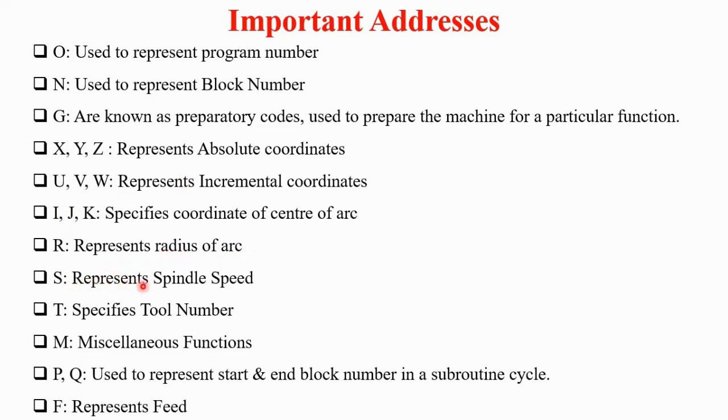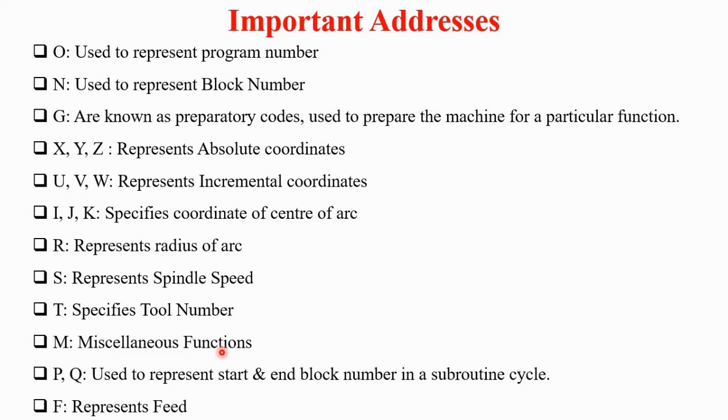Then S stands for the spindle speed. Similarly, T specifies the tool number. M is used to indicate miscellaneous functions. There are a few miscellaneous functions also required in CNC programming, for example coolant on and off, then spindle on and spindle off.